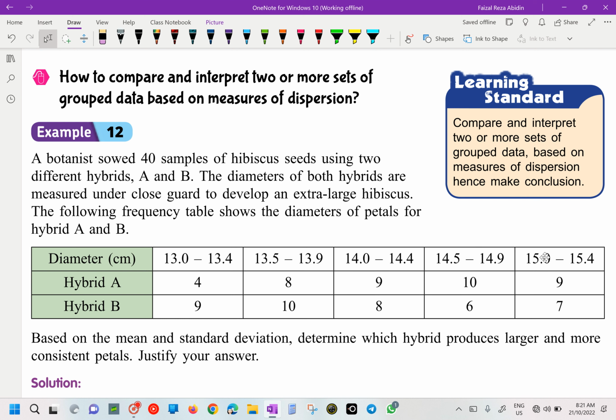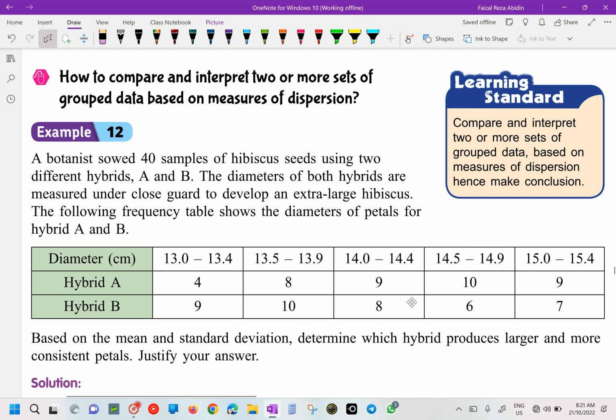First we are going to compare. Compare what? Mean, variance, standard deviation, and then from our measures of dispersion, we are going to make a conclusion based on the values that we have over here.